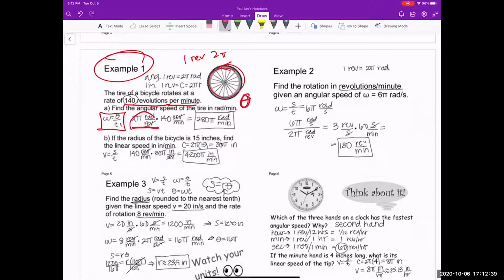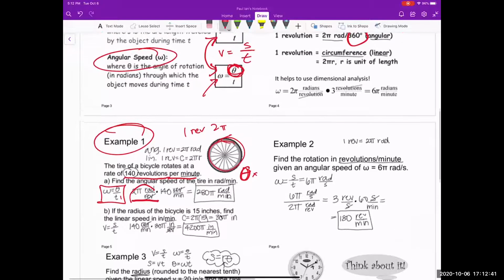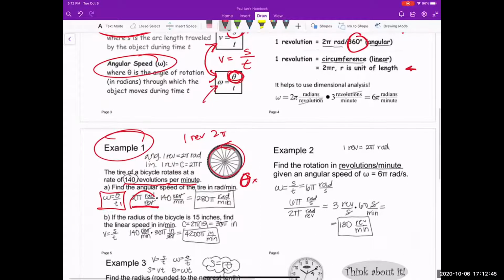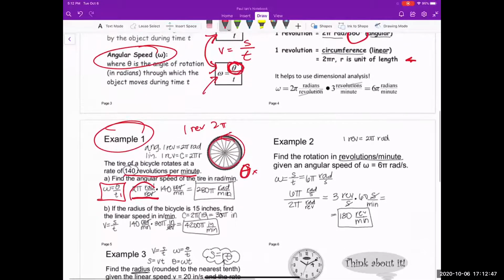And then the next thing is you just apply it from what you know here. So it's the 2 pi times your 140, and 2 pi is rad per revolution, and 140 is revolutions per minute.